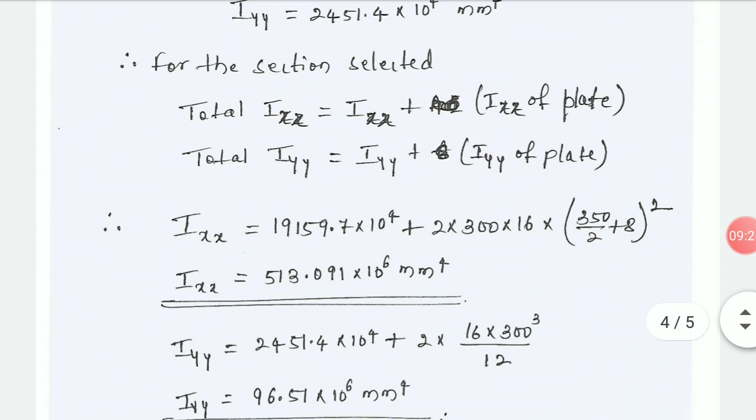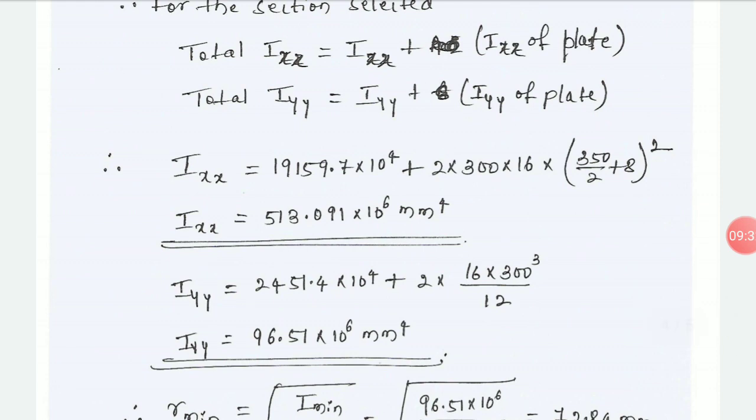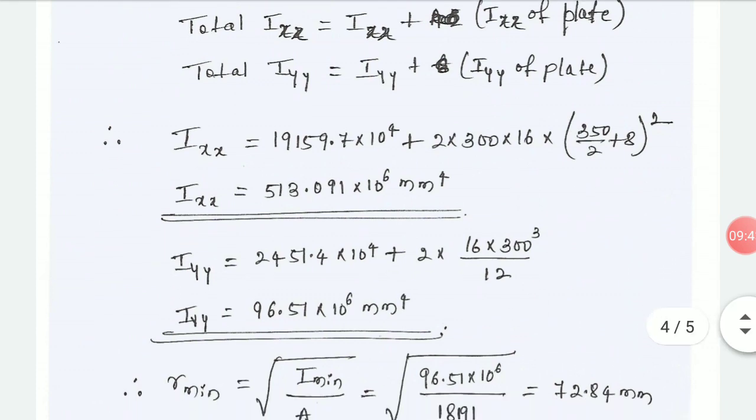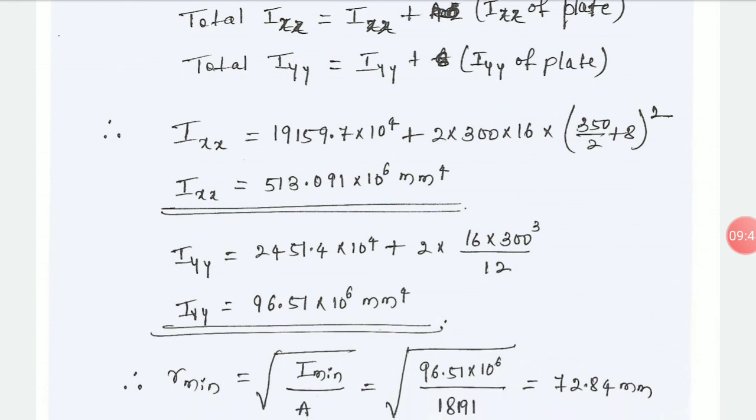So I will get the IXX for the built up section. In YY direction also it is the same. IYY of the I section, that is 2451.4 into 10 to 4, which we get from steel table, plus 2 into BD cube by 12 for the rectangular section. That will give you Iyy.